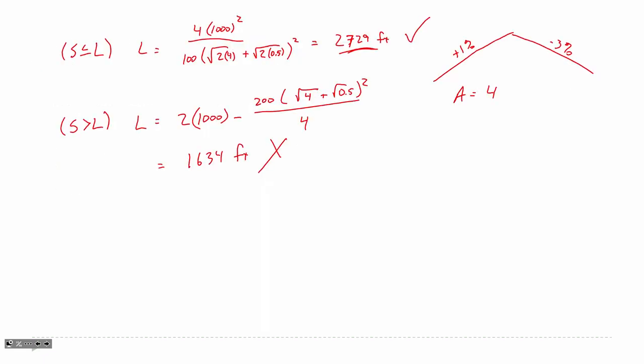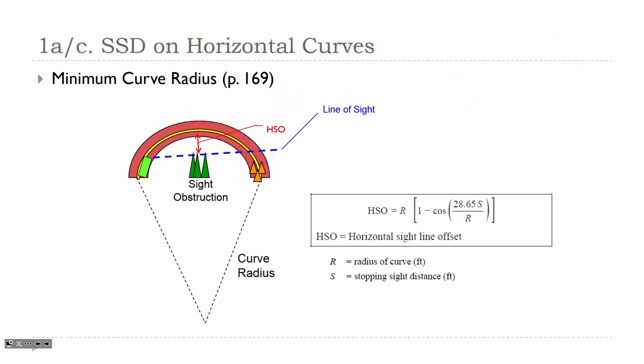And for this problem, I'm sure you would see 1634 as well as 2729. So if we do have a problem like that, you should assume whichever one's more conservative. In terms of stopping sight distance, more conservative is going to be the higher value. So that's always going to be downhill.